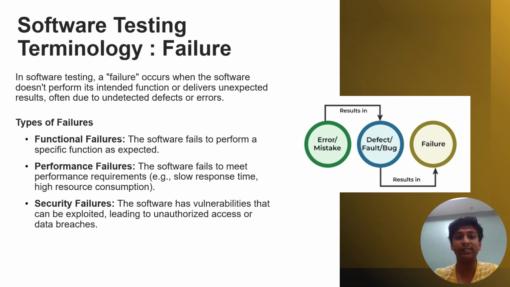Now, types of failures, there are particularly three types of failures. Functional failures, which I've discussed now, where your functionality completely failed. Performance failures and security failures. Security failures, like some unauthorized person came in, like you clicked something, and the unauthorized person got all your system details and manipulated all the data.